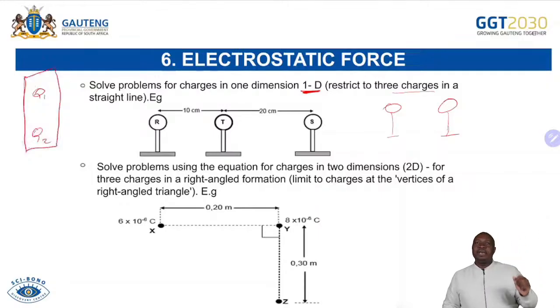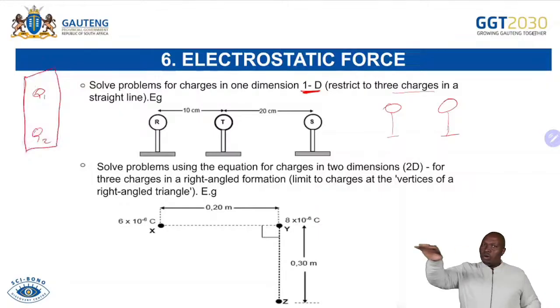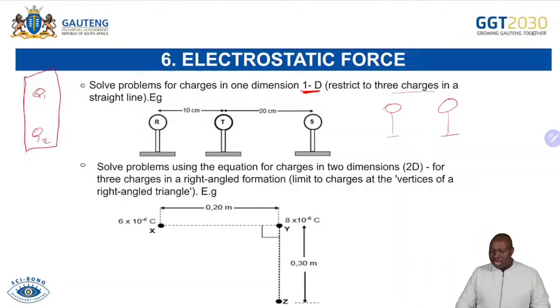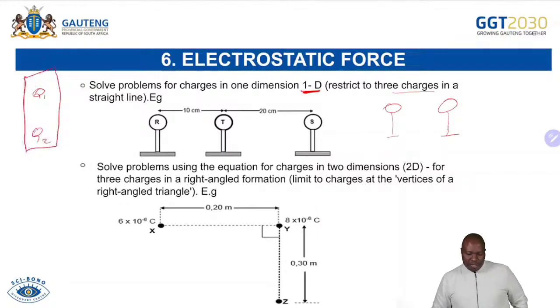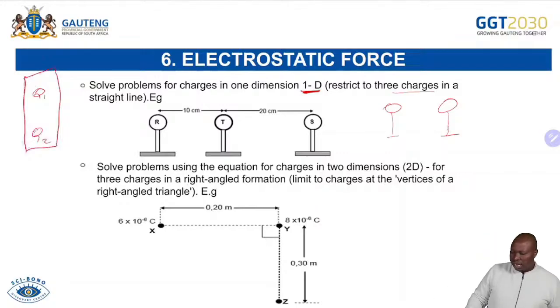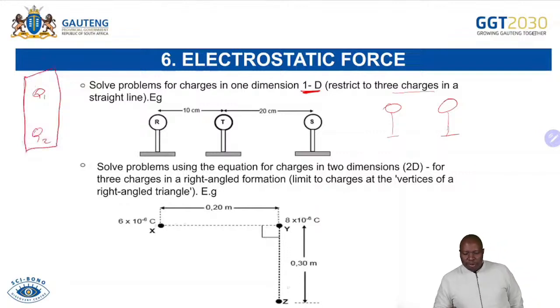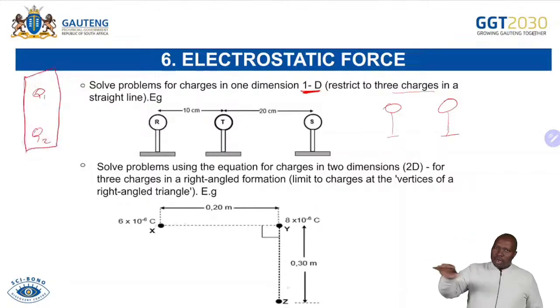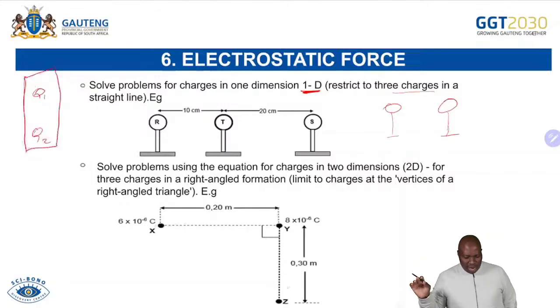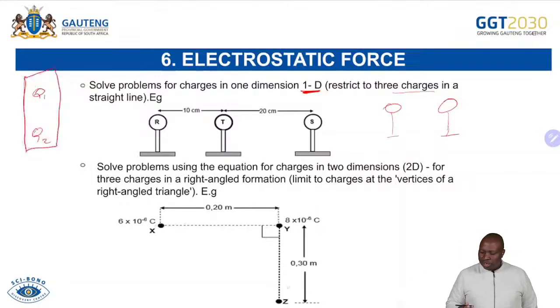But when you say 2 dimension, we are saying we have both horizontal and vertical, hence it's 2 dimensional. And for 2 dimensional, we're dealing here with a right angle triangle, and then we'll have charges like that, and then we can solve questions based on all of this. So I hope you are ready to deal with our 1 dimension as well as our 2 dimensions, so that you are able to answer questions.